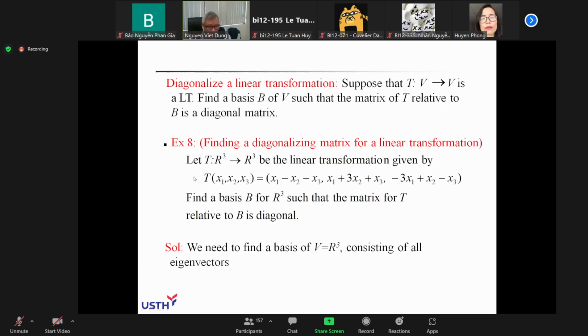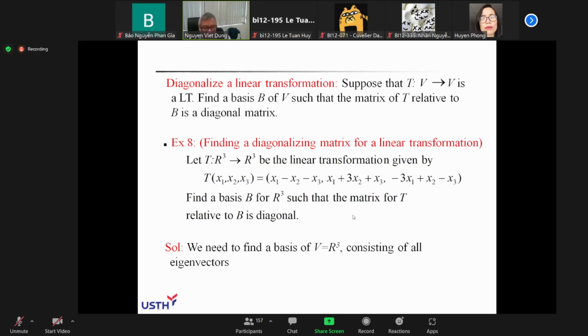Example number 8. Now we consider again T from R3 into R3, a linear transformation given by the formula like that. Then you need to find a basis for R3 so that the matrix of T relative to B is diagonal.